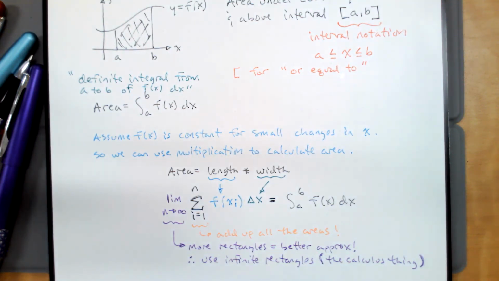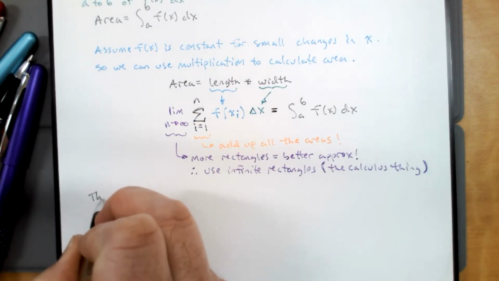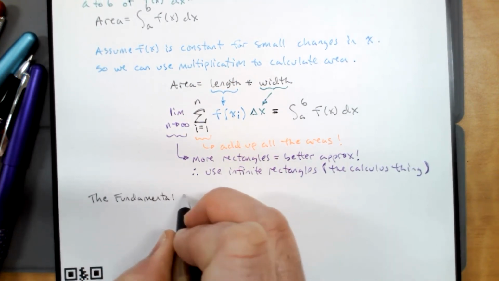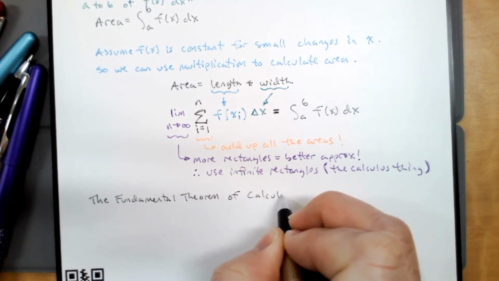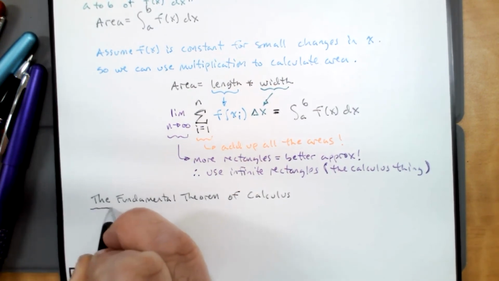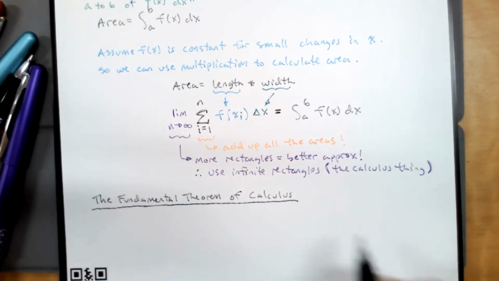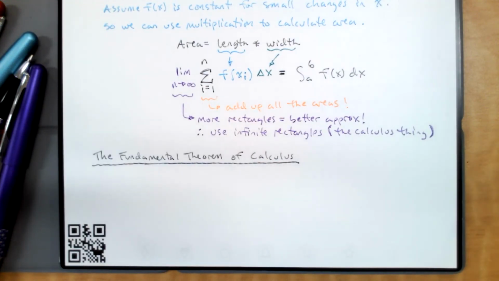Anyway, what are we talking about? So the big conclusion in Calc 1 is the fundamental theorem of calculus. And we see the first part. So we get to the fundamental theorem of calculus.